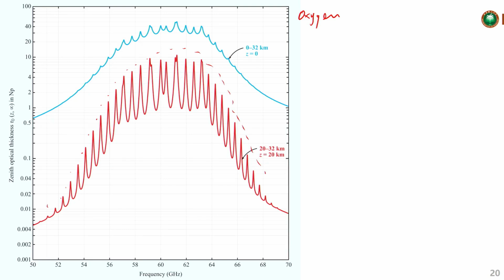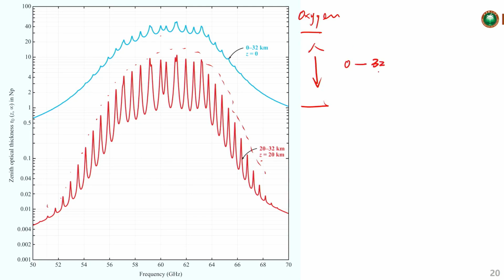Another thing I wanted to show you is that we can see a difference between these two curves. Here is the data from 20 to 30 kilometers, and here is from 0 to 32 kilometers, so this offers a much larger height range.